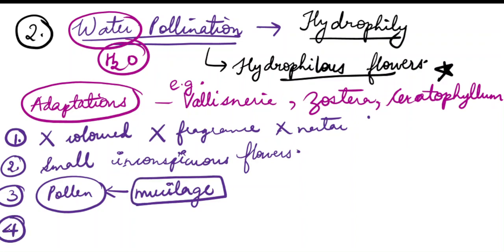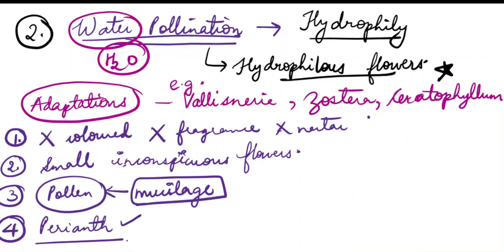And the last thing, here they have perianth, because there is no need for the flower to be showy or attractive. Now what is perianth? Here the sepals and petals are fused.